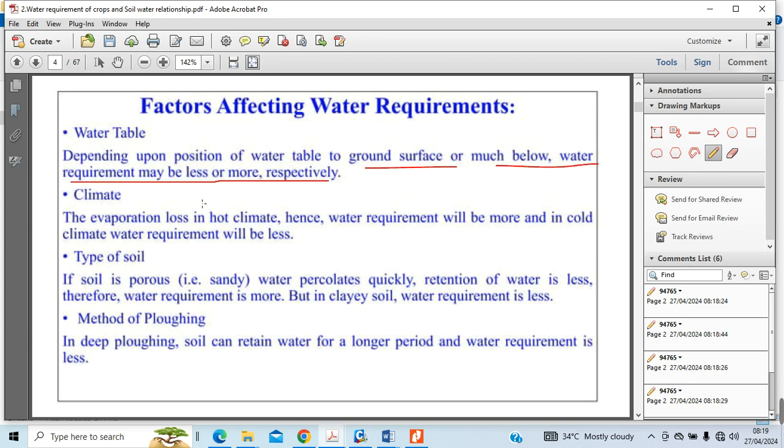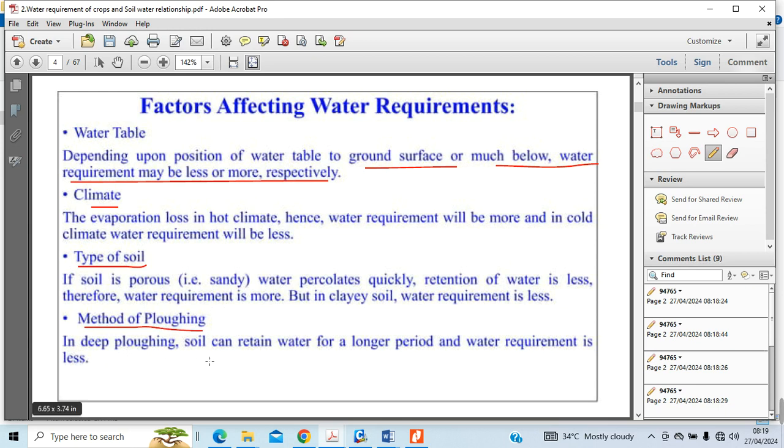Climate. Evaporation loss is high in hot climate, hence water requirement will be more, and in cold climate water requirement will be less. Type of soil. If the soil is porous, the retention of water is less, therefore water requirement is more. But in clay soils, water requirement is less. Method of plowing.